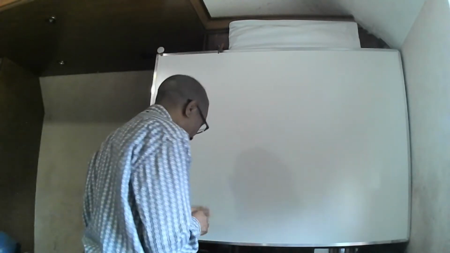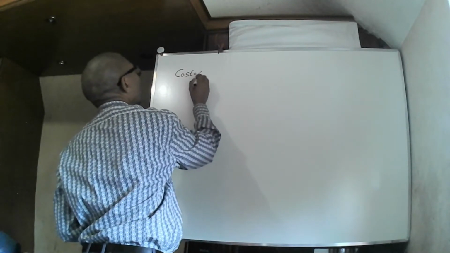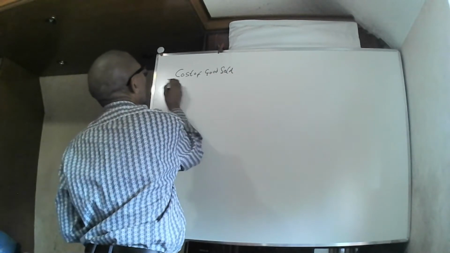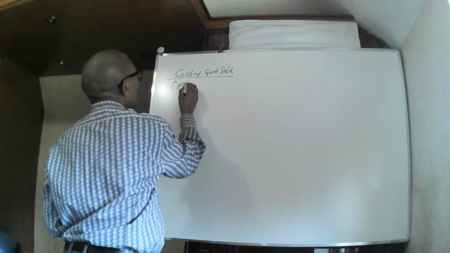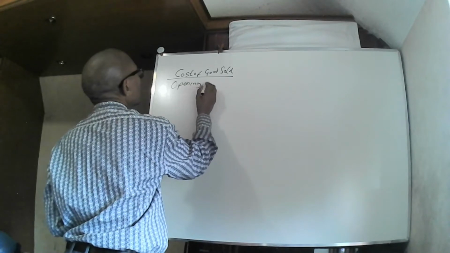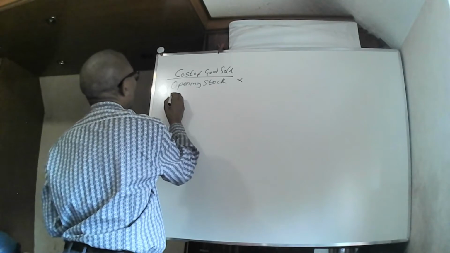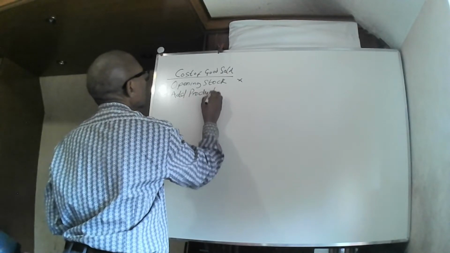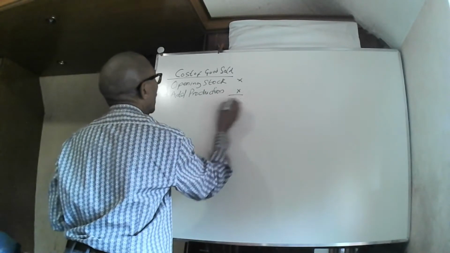So the structure then is this: cost of goods sold account will be opening stock. I will add purchases or production. That will give me total available.